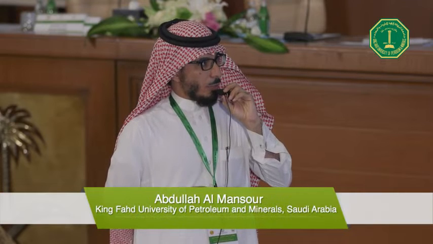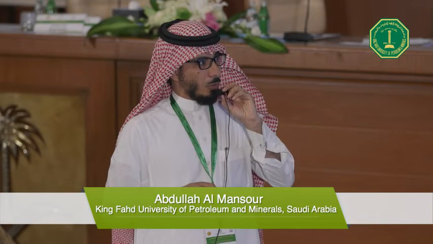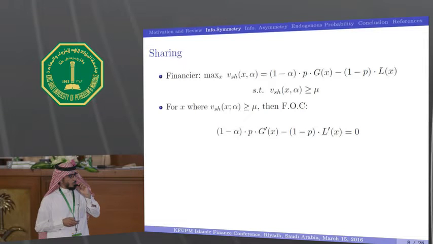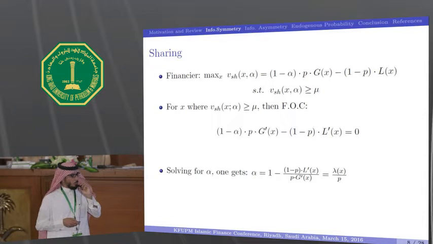X, now we have two cases here. If the constraint is not binding, then we would have this first order condition under which we find that the sharing rule is exactly the one that we had just found in the entrepreneur problem.